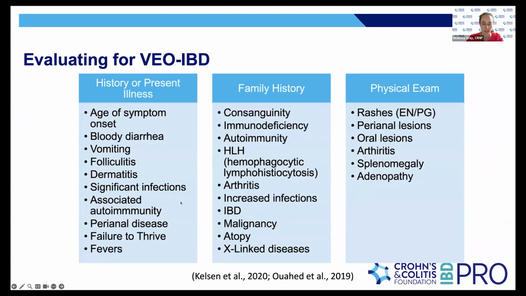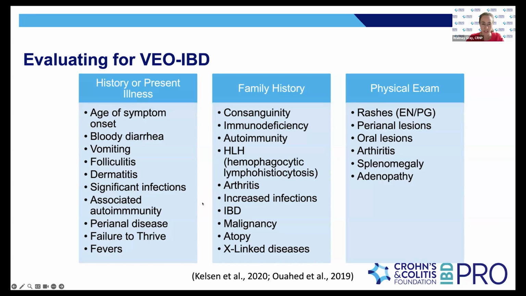When someone comes into your office and there's concern for very early onset IBD, it's important to do a thorough history. Specifically ask about when the symptoms started, bloody diarrhea, any vomiting, skin changes like folliculitis and dermatitis, significant infections, other autoimmune issues, perianal disease, issues with growth, failure to thrive, and unexplained fevers.